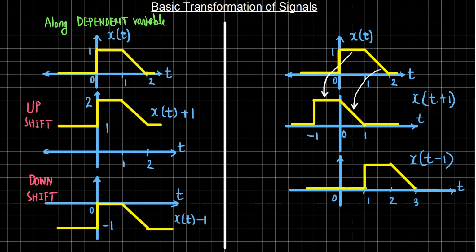Again, here we are making a change in the argument itself, because we are making an operation along the independent variable, that is t. In both of these operations, the amplitude remains the same. There is no change in the dependent variable.